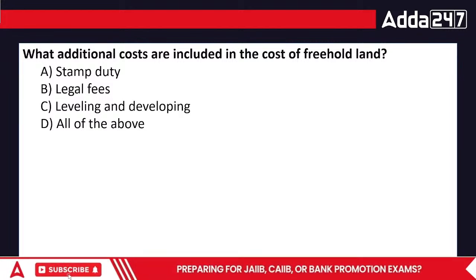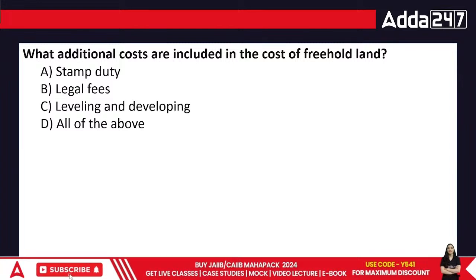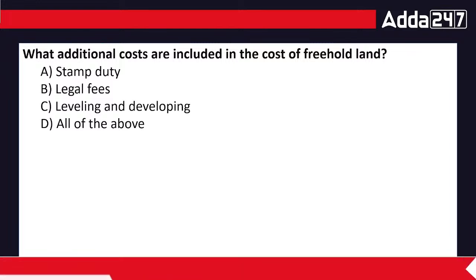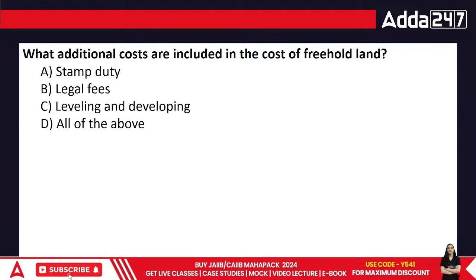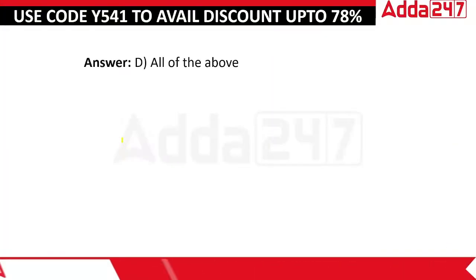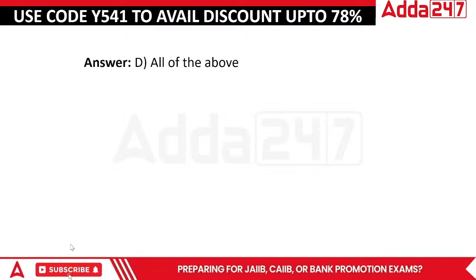Everyone, buying a freehold land means the land which is basically not under any lease, है ना? Which is your owned. That is why it's called freehold. Stamp duty, legal fees, leveling and developing, or all of the above. In case of a freehold land, we would include all of these altogether. So answer is all of the above.